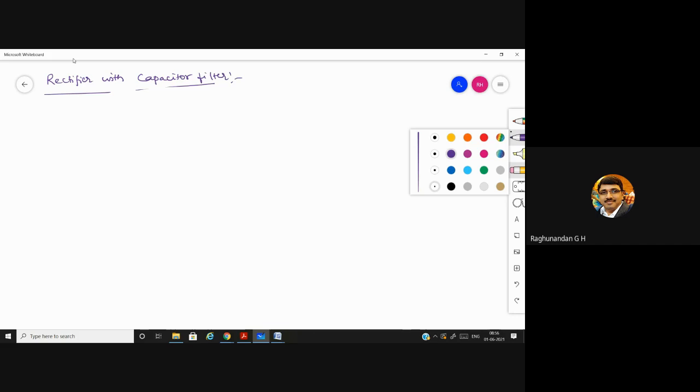So we can take an example of any rectifiers, either half wave rectifier or full wave rectifier. Let me first take the example of the half wave rectifier.